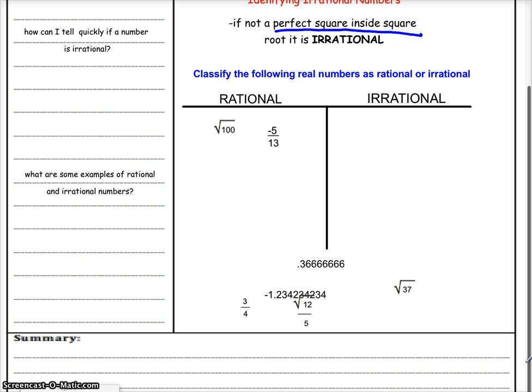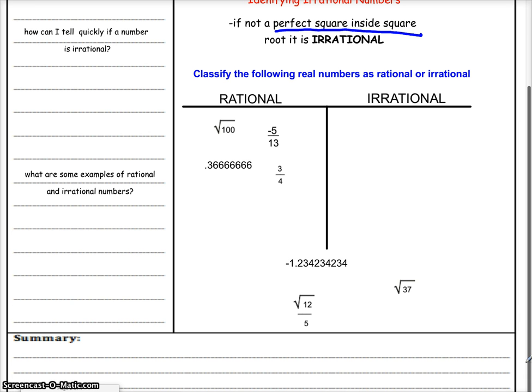Rational or irrational? It's a pattern, right? The 6 keeps repeating. You can write a pattern as a fraction. Three-fourths, rational or irrational? Rational, because it's a fraction.